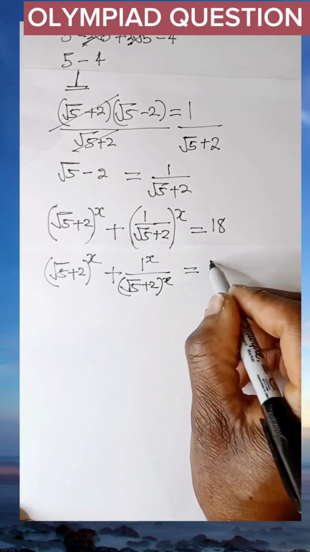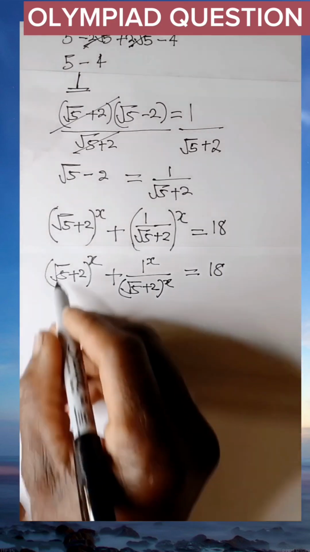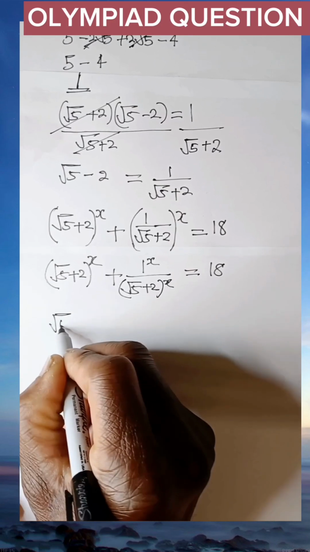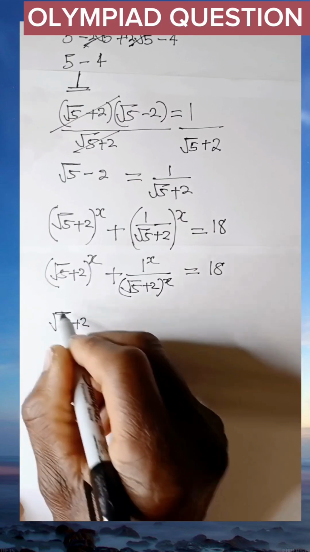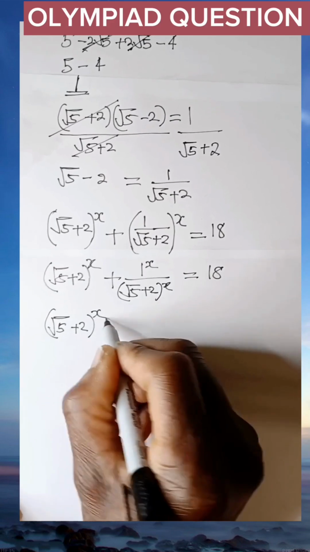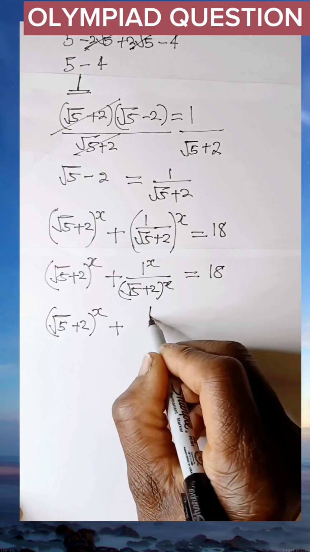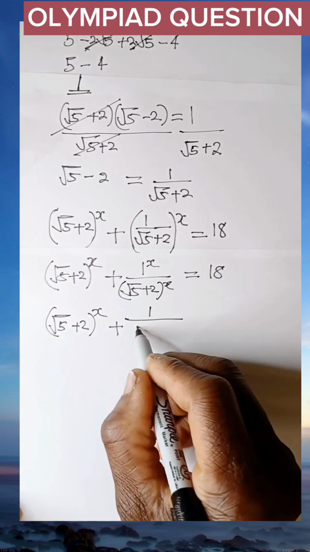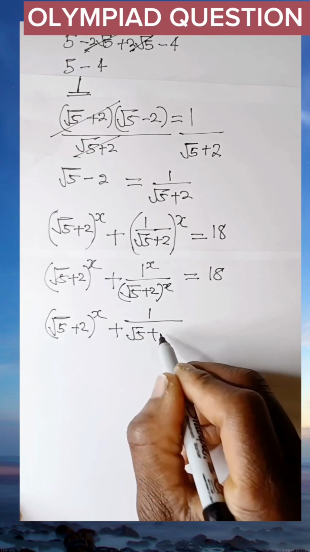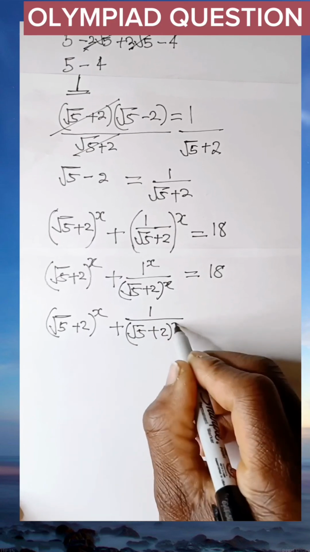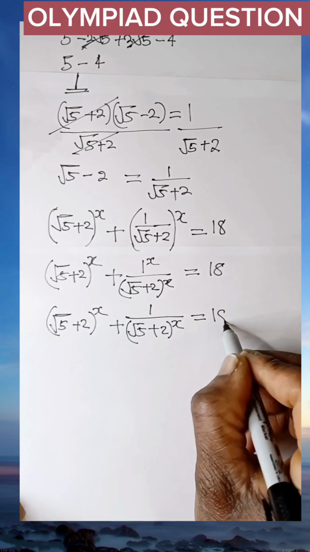And this is equal to 18. So we have (√5 + 2)^x plus 1 raised to the power of x is going to give us 1 divided by (√5 + 2)^x. And this is equal to 18.